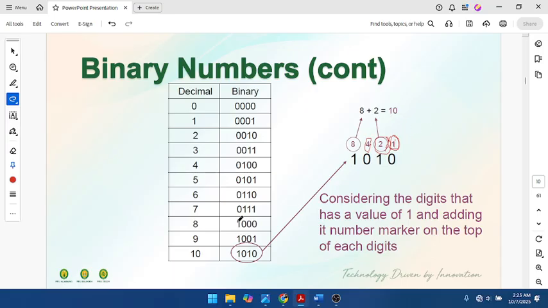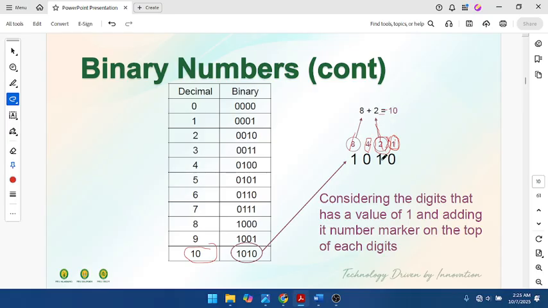Since this is 10, let's check how we can total 10. From these given 4 bits, we have only 8 and 2 to get 10.